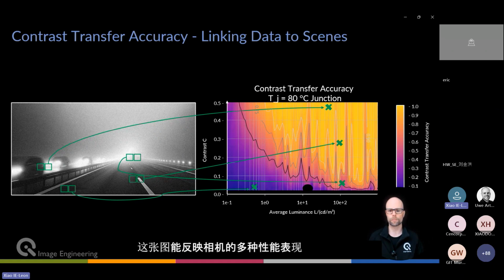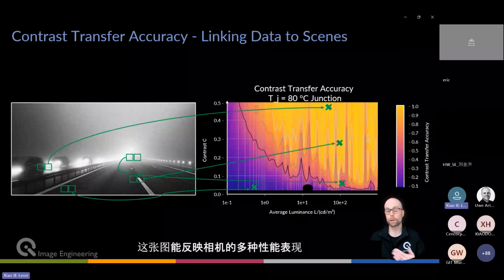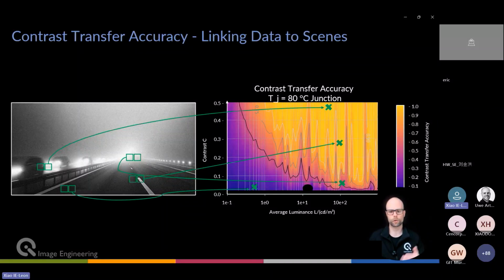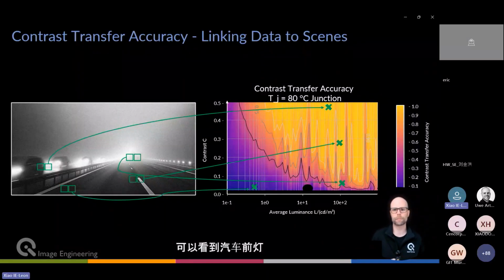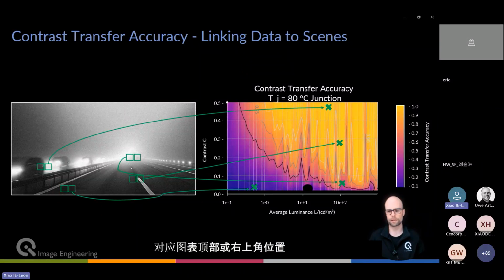So with this map, you can describe a lot of effects in the camera. First of all, you have different positions. On the left of the image, you see the headlamps of a car and then a darker car in front of it. That is a very bright, high contrast scene, so that's somewhere in the top or top right of my map.